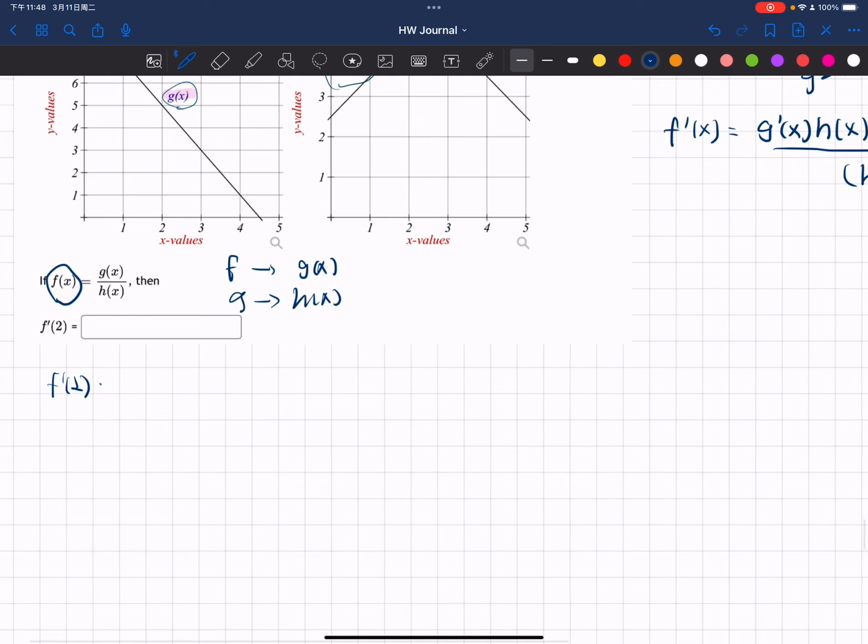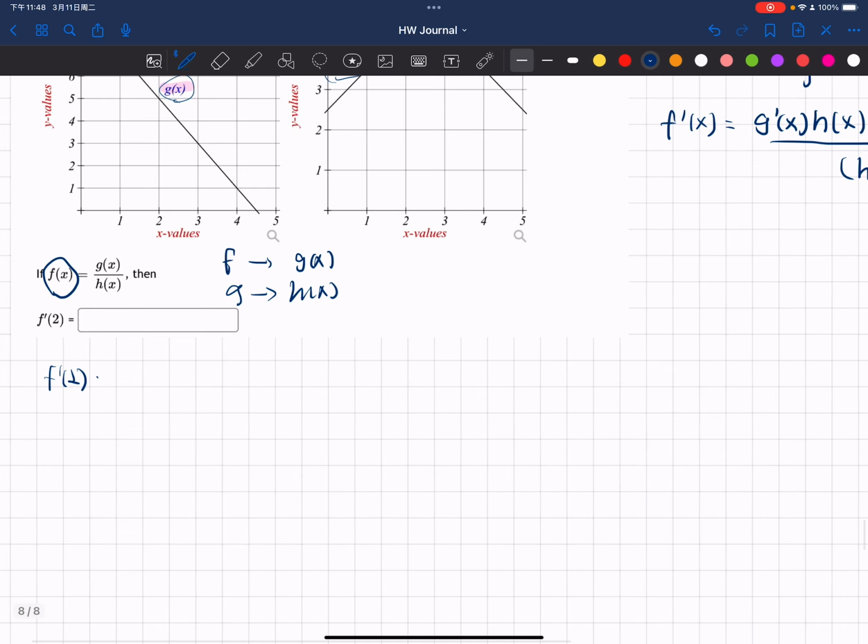First we will be investigating four important values in total: g, g prime, h, and h prime. Since we're looking for f prime when x equals 2, the x value will be 2 for both of the graphs.